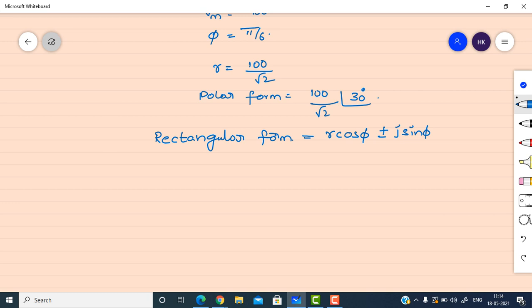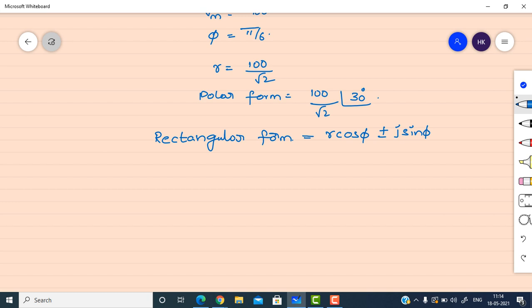From the given equation, you can also write the rectangular form directly. But it is clearly mentioned in the problem that you have to first write the polar form and then convert it into rectangular form.